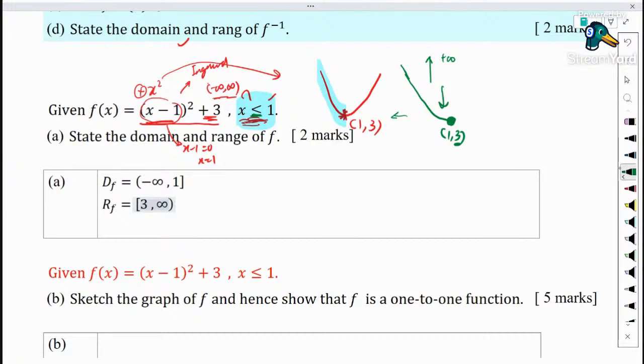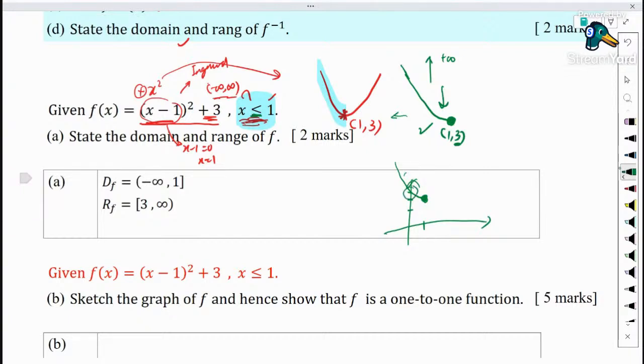Continue. We already have the framework of this graph now. We can use it for the drawing in the next part, part B. So I notice that the important point is (1, 3). If I put it in a Cartesian plane, x equals 1, y equals 3. The graph will look something like this, where obviously there is no x-intercept, so don't spend time to find the x-intercept.